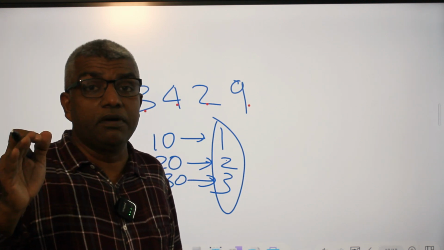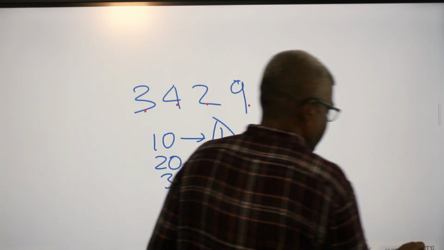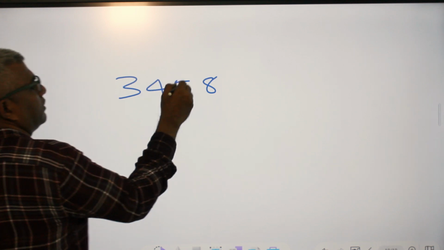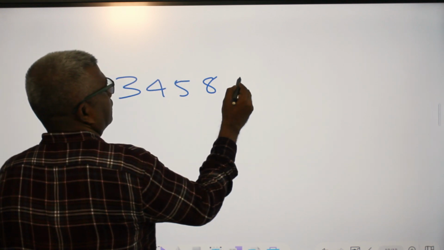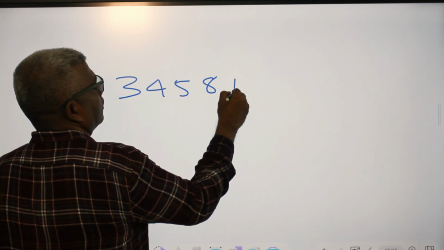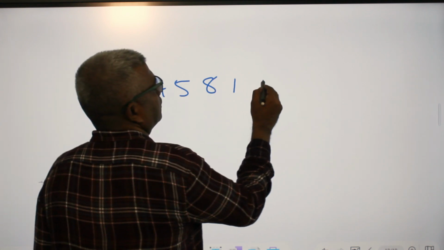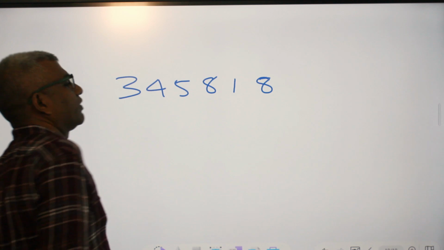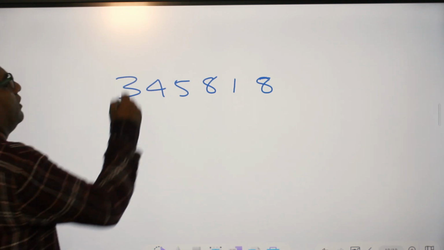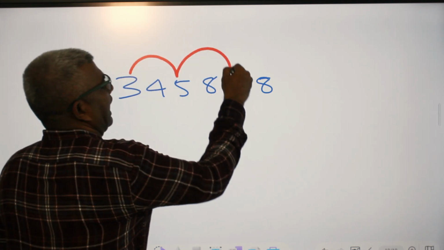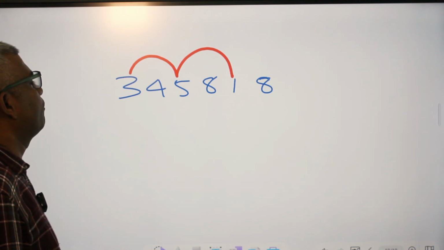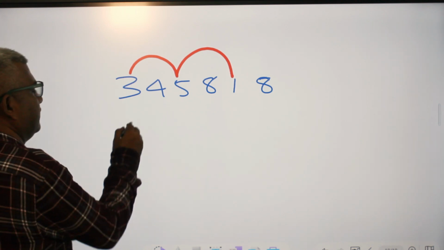Okay. Divisible by 11. This is a good rule. Just add alternate digits. 3 plus 5 plus 1 is 9.